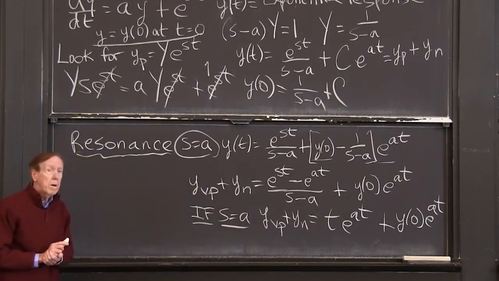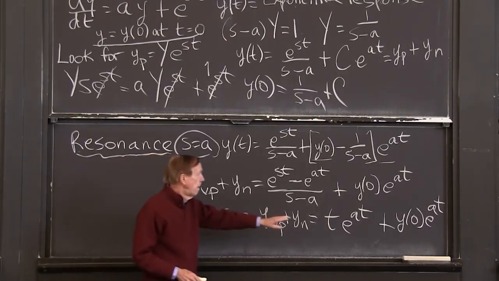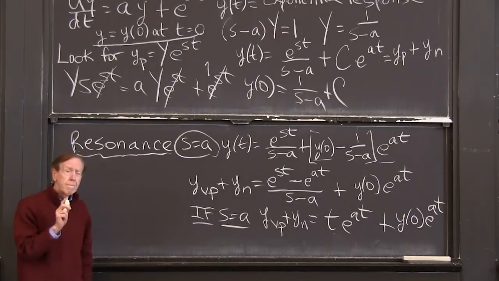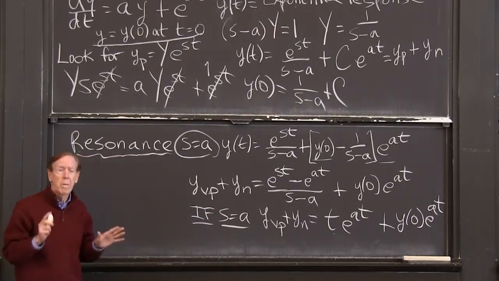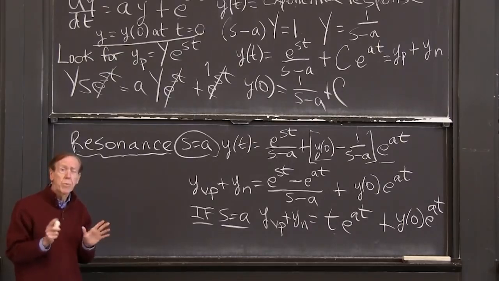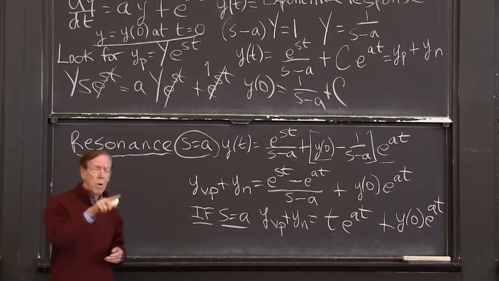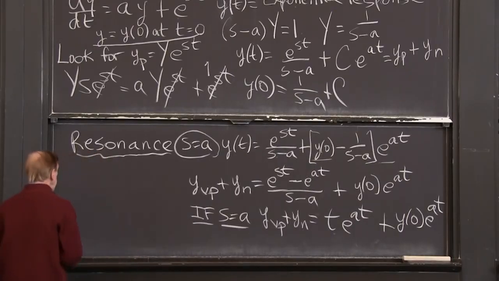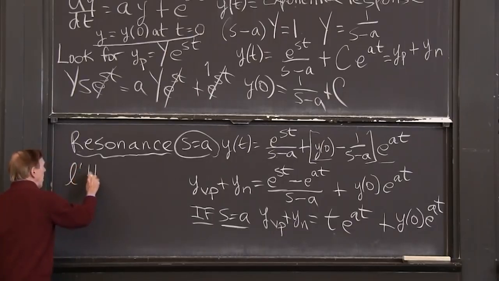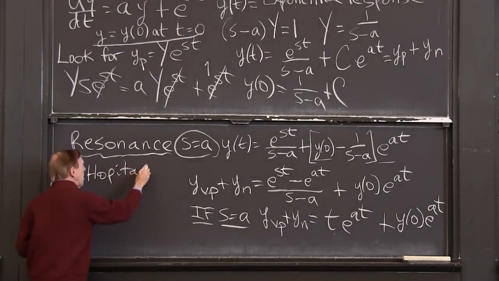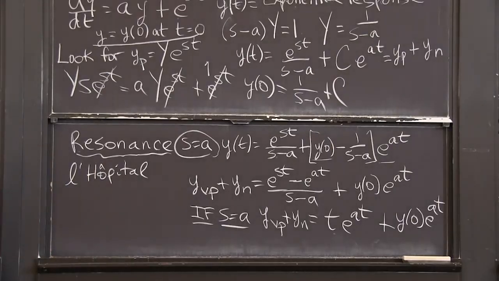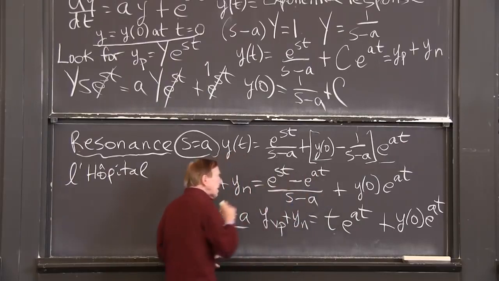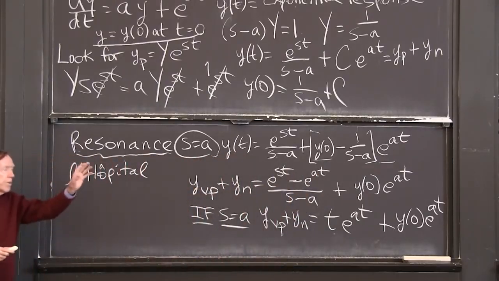All right. Do you want to know how this comes out of this as s approaches a? Let me take 3 minutes to tell you about that. It's L'Hopital's rule. Do you remember from calculus? 0 over 0. The way to deal with that was called by this guy's name, L'Hopital. Hospital, I guess, probably hospital in French. You take this 0 over 0 expression. It's a ratio of two things.